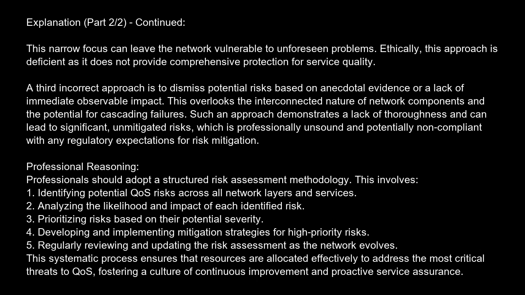A third incorrect approach is to dismiss potential risks based on anecdotal evidence or a lack of immediate observable impact. This overlooks the interconnected nature of network components and the potential for cascading failures. Such an approach demonstrates a lack of thoroughness and can lead to significant unmitigated risks, which is professionally unsound and potentially non-compliant with any regulatory expectations for risk mitigation.